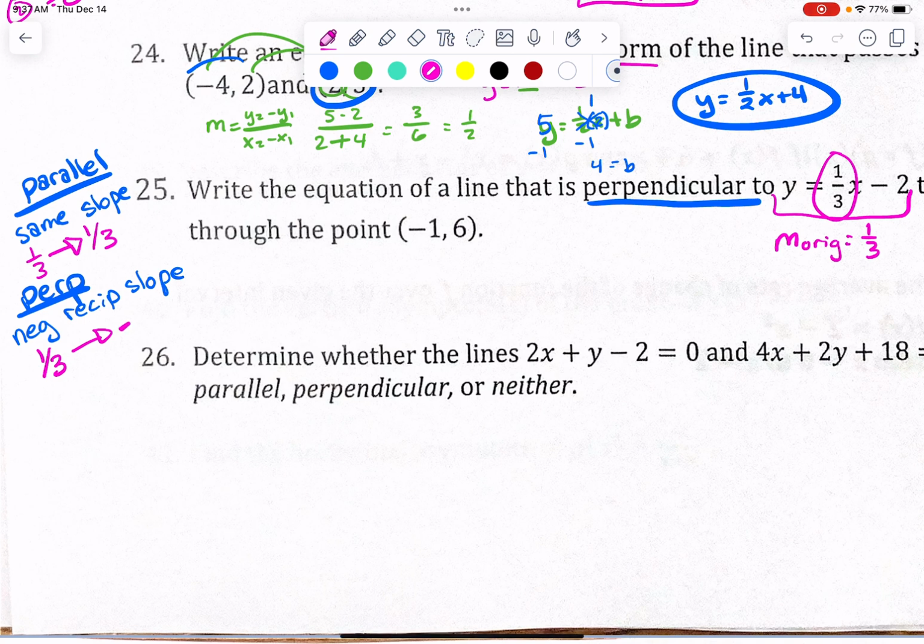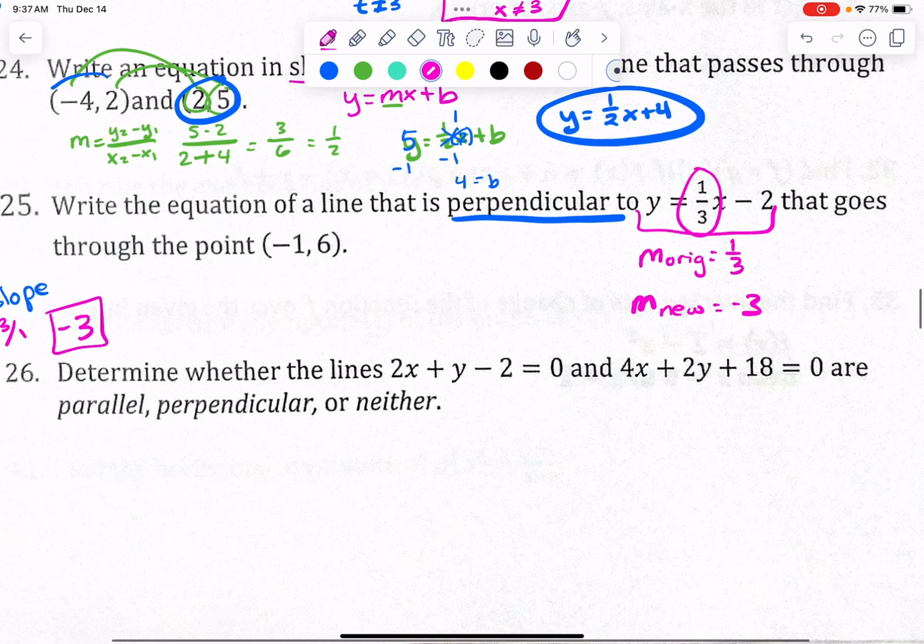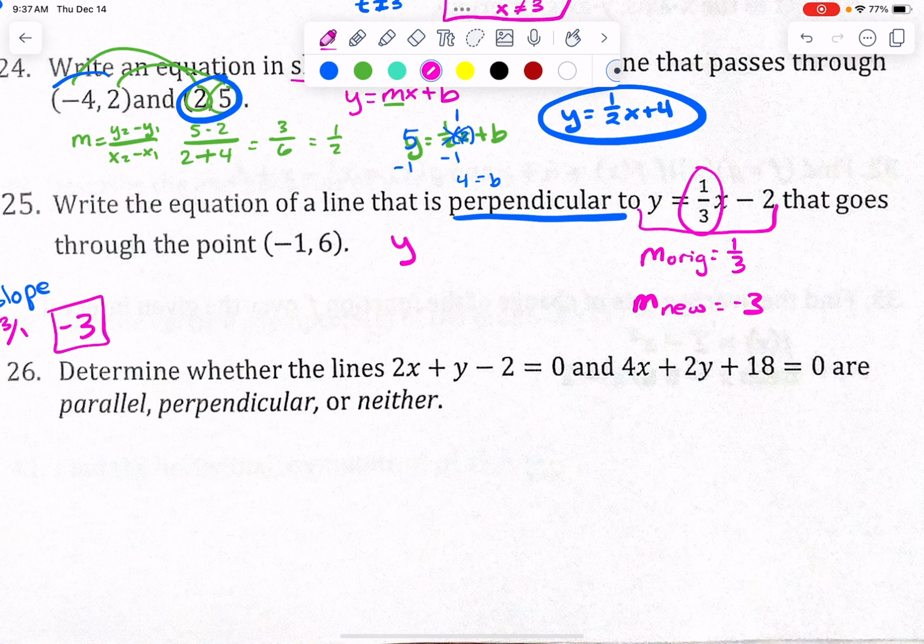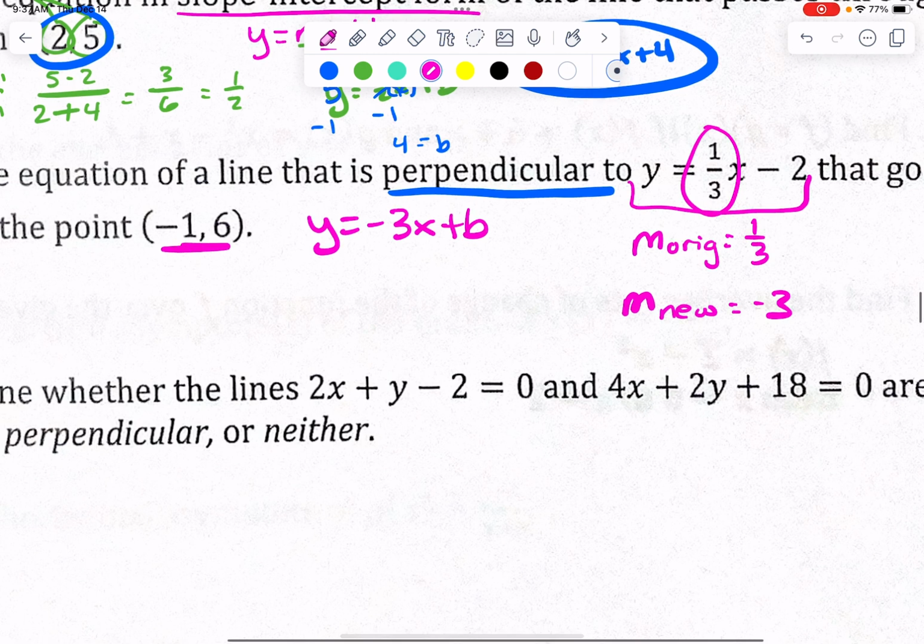Negative, and 1/3 is going to flip to 3 over 1, or just -3, is going to be my new slope. Now if it's already negative, you make it positive. Negative reciprocal, you undo the negative. So my new slope, I'm going to call him m new, is -3. Now all I have to do for y = -3x + b is solve for b, and I use this point to solve for b.